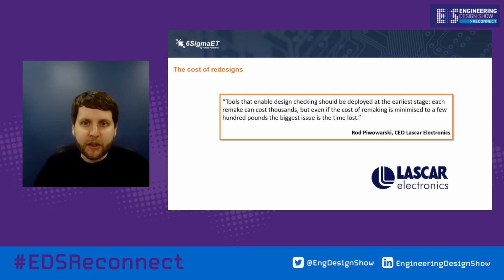Rod from Lascar Electronics emphasised this. He says that tools that enable design checking should be deployed at the earliest stage. Each remake can cost thousands, but even if the cost of remaking is minimised to a few £100s, the biggest issue is time loss. If your engineers waste time fixing a late stage issue, or you're late to the market, that can be hugely costly.